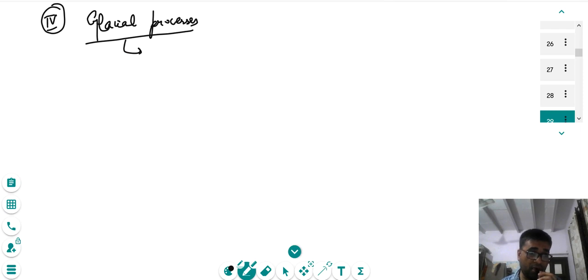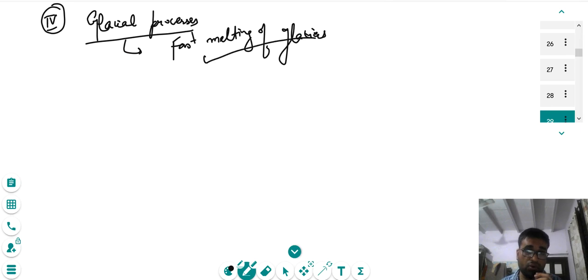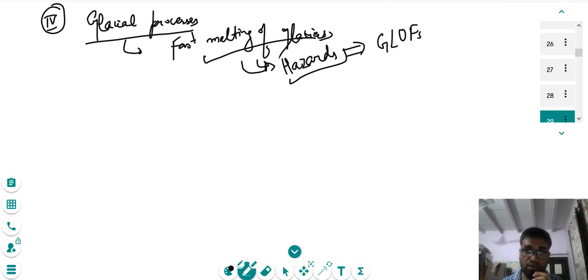There has been fast melting of glaciers, and this has led to many hazards, in the form of glacial lake outburst floods, GLOFs, for example, in the 2013 Uttarakhand disaster.